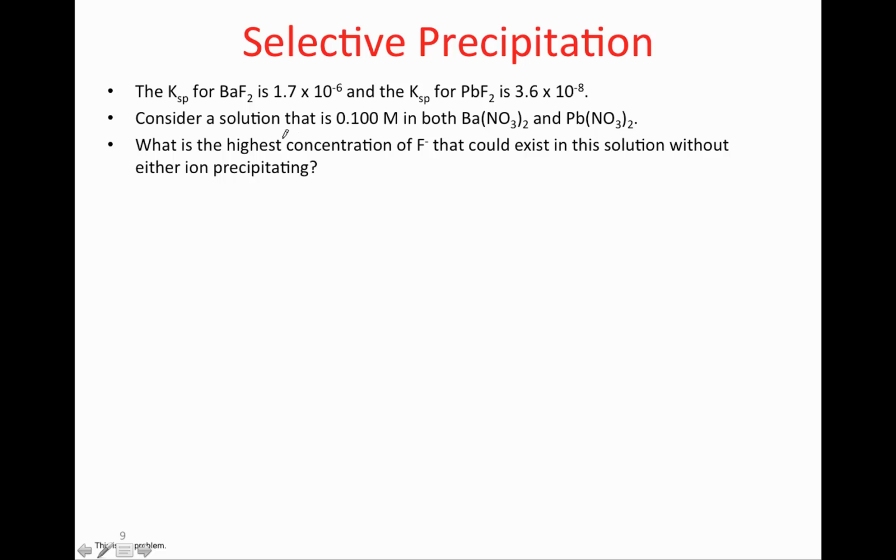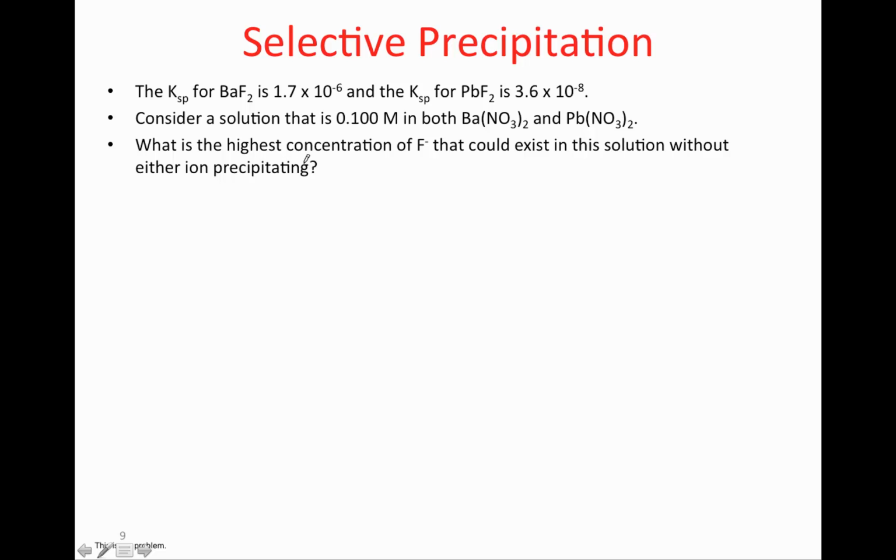Now let's consider a solution that's 0.1 molar in both barium nitrate and lead nitrate. Again, nitrate salts are soluble in water, so this really means that I have a 0.1 molar solution of Ba2+, and at the same time, in the same solution, I have 0.1 molar of Pb2+.